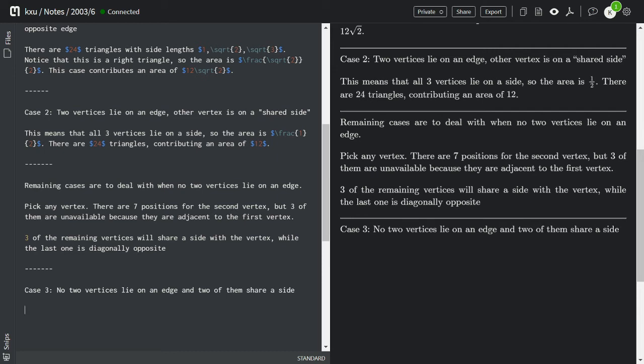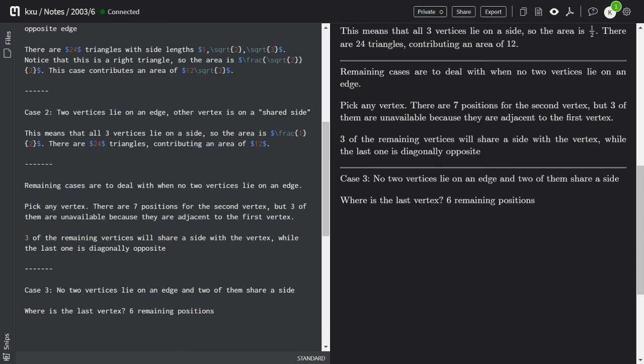So basically, this is the second vertex. So let's try to find out where the last vertex is. Where is the last vertex? 6 remaining positions, and of course with a good diagram we can also cross out. So just pick any of the 3 random locations for the second vertex and then see where it can go.